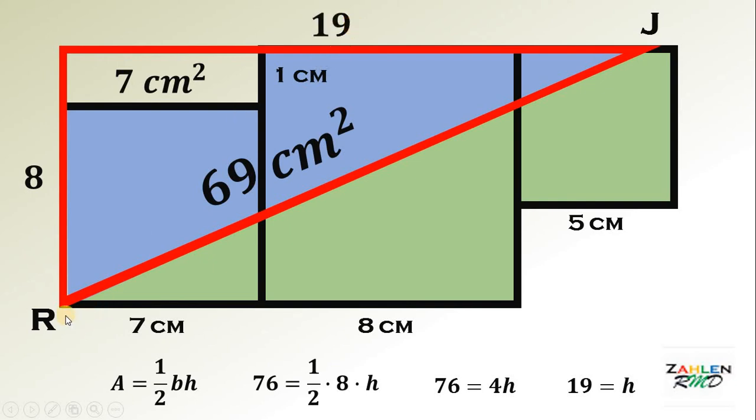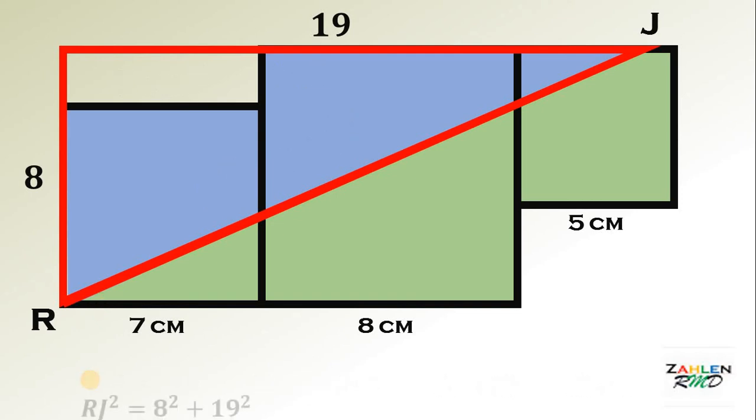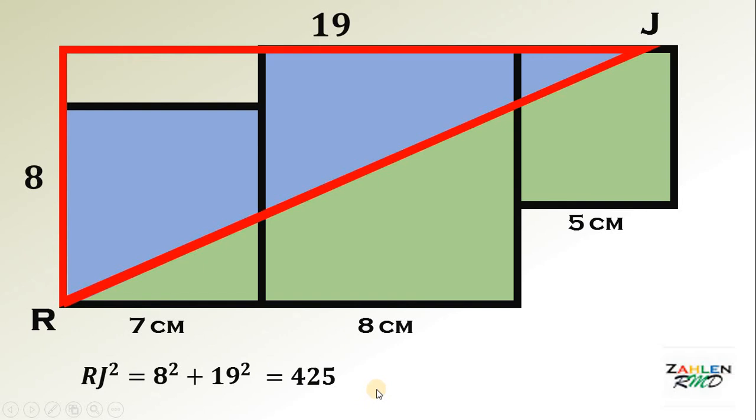Now at this point, we can now find the length of the segment RJ. So using Pythagorean theorem, it follows that RJ squared is equal to 8 squared plus 19 squared. Now simplify, 8 squared plus 19 squared will give us 425.